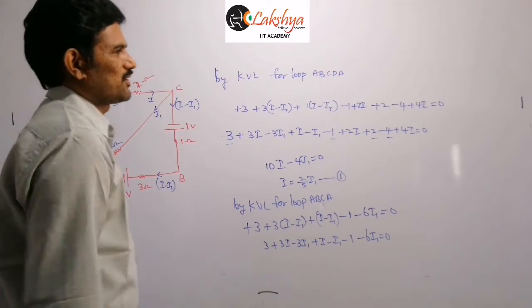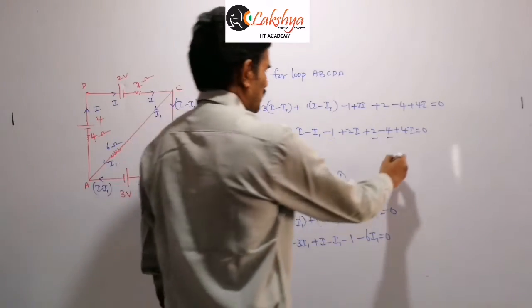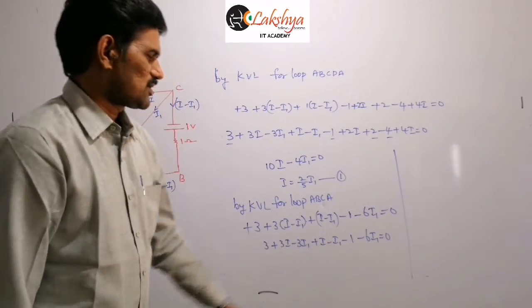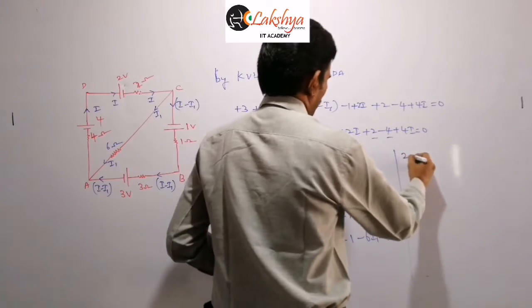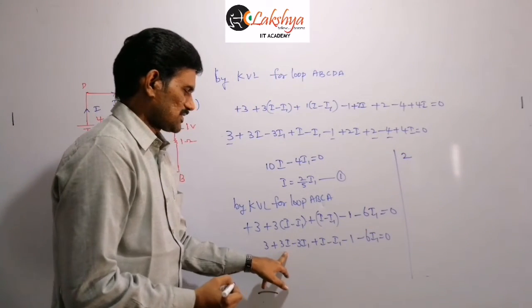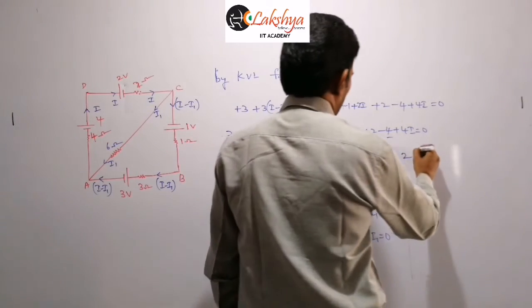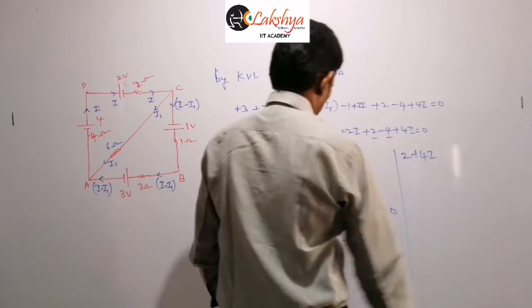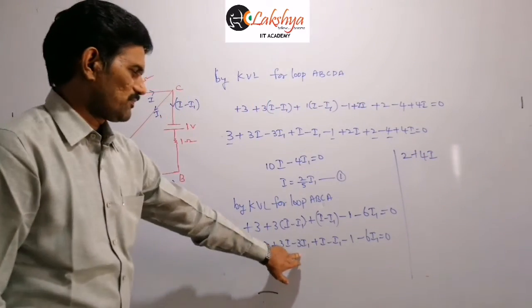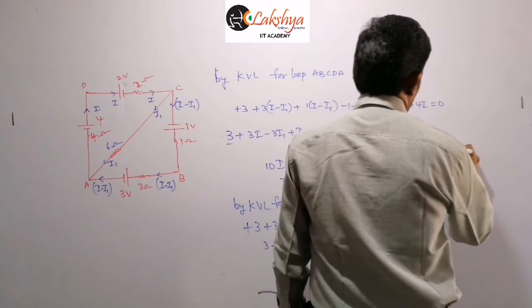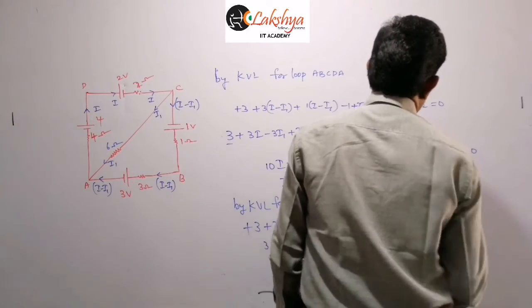And you can simplify this equation further. So then it is 3 and minus 1, it is 2. And next here this is 3, 4, 4i and I1 terms will be like 4 and this is 6 minus 10i1 is equal to 0.